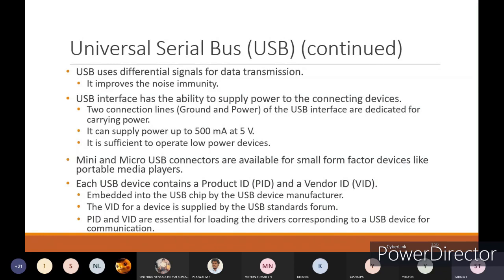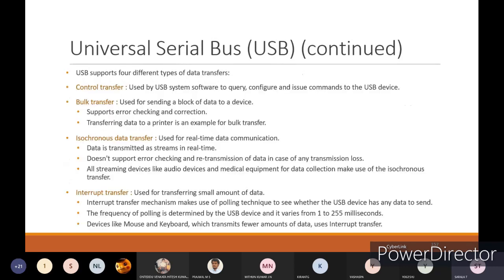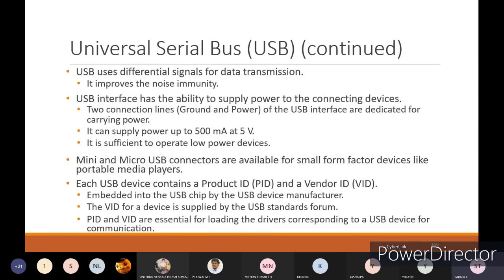Those two lines are always transmitting the power from your host device to the peripheral device. Okay, and it can supply up to 500 milliamps at 5 volts, which is sufficient to operate low power devices also.